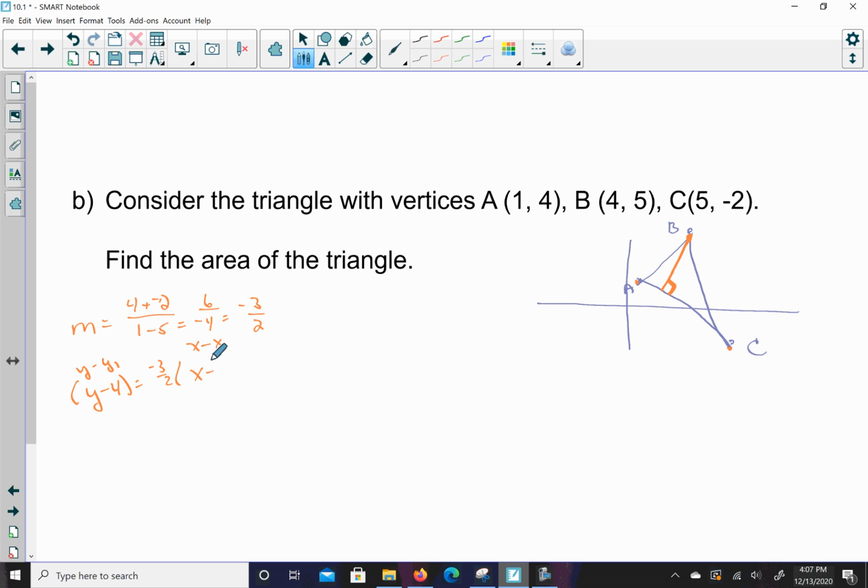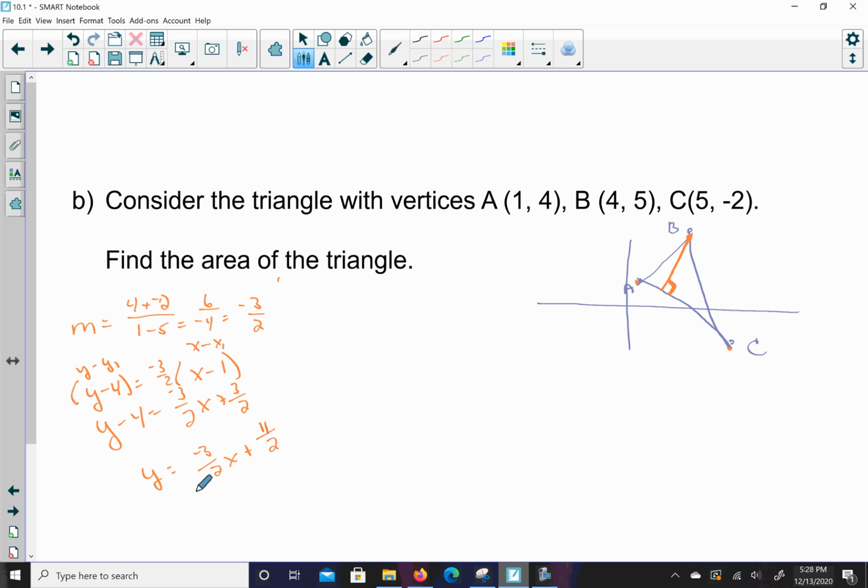So this will be x minus 1, and then I'm going to distribute the -3/2. So I'm going to have y minus 4 is equal to -3/2 x plus 3/2. And when I solve this, I'm going to get y is equal to -3/2 x plus 11 over 2.